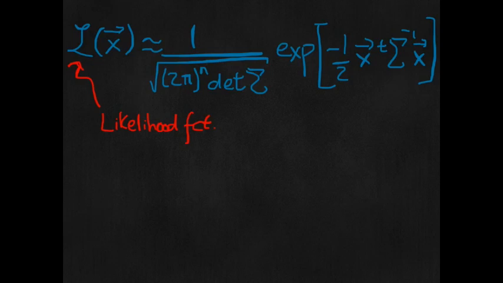Now, if I have n variables, this is an n-dimensional function, which can be hard to visualize. So one thing we can do instead is to think about the variables one at a time. Now that's a little tricky because these variables are correlated.